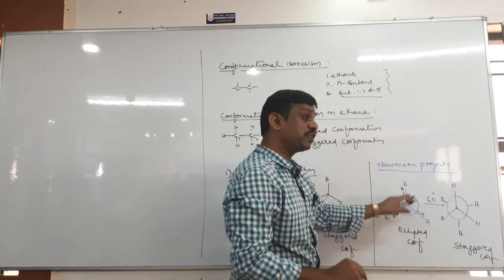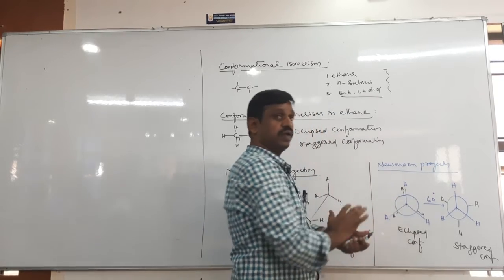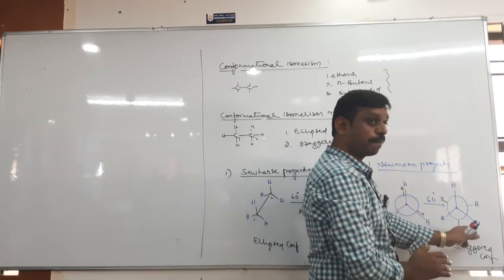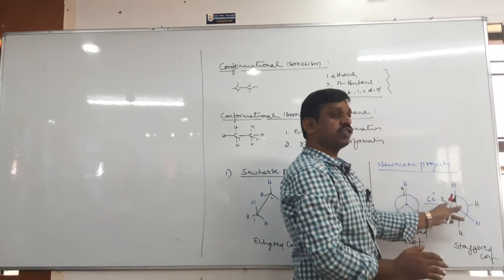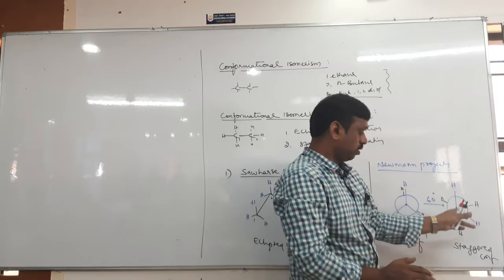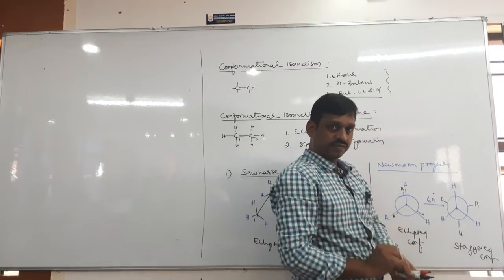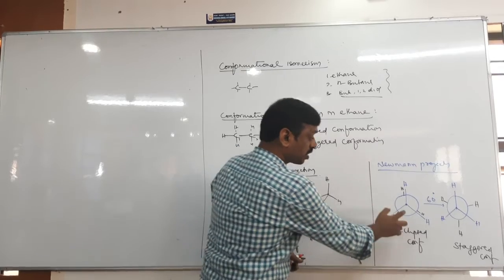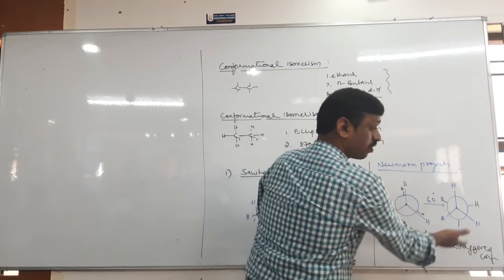Therefore, eclipsed conformation has maximum repulsion, more energy, less stable. Staggered conformation has minimum repulsions and less energy, more stable.